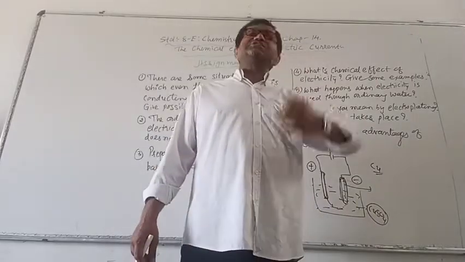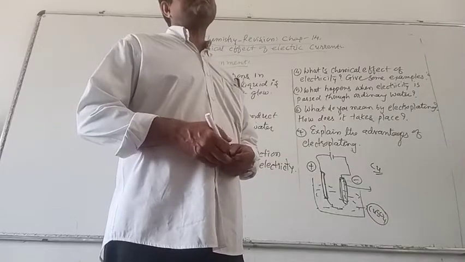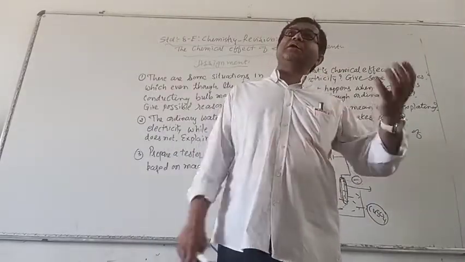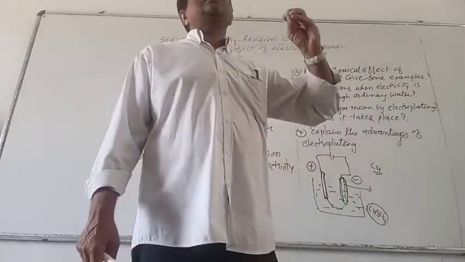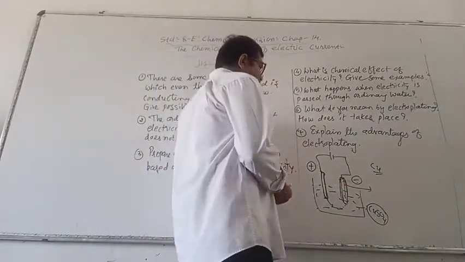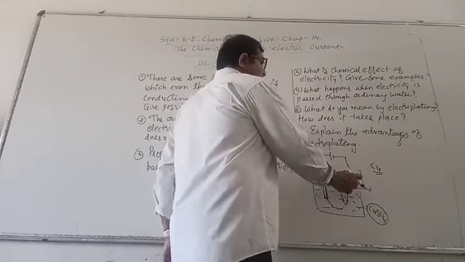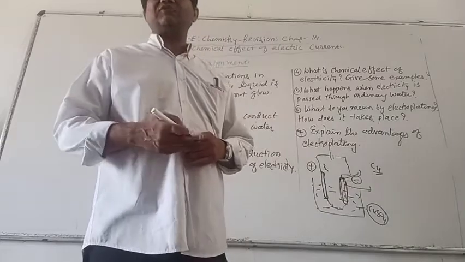Sometimes we use this method to purify the copper metal also, because when the copper metal is extracted from the solution, it is generally not 100% pure. Then what we do? We take the pure metal here and the impure metal on the negative electrode. And when we pass the current, then what will happen?